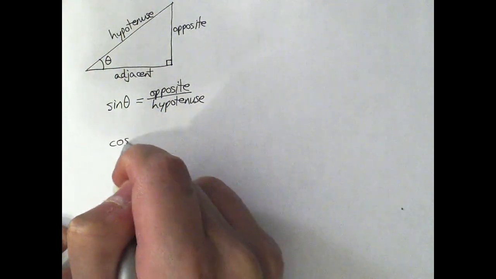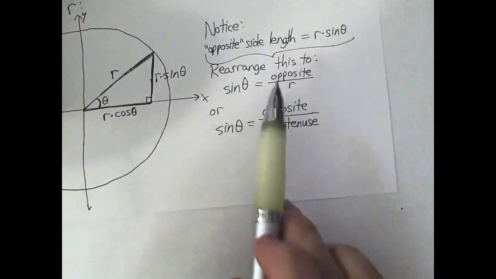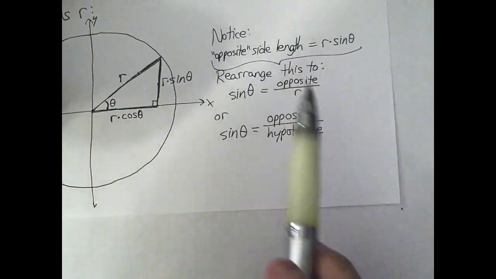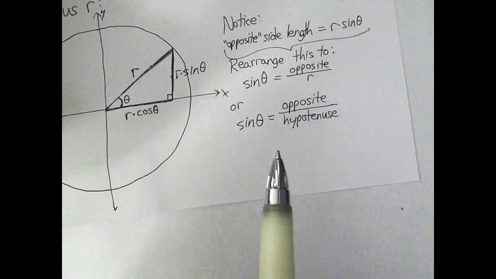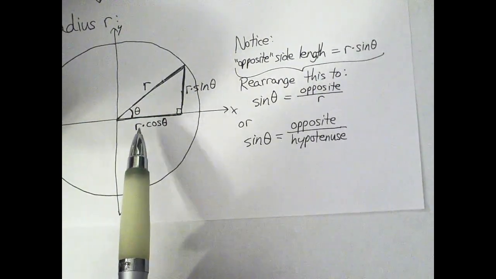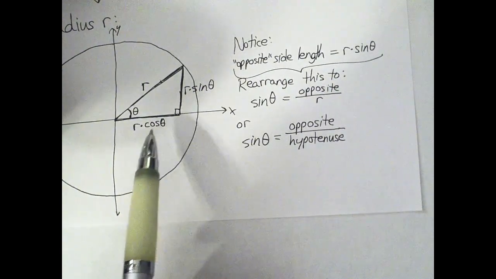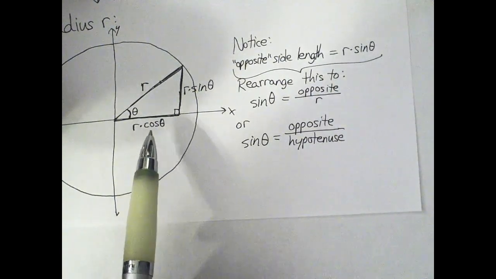Cosine, by a similar argument, you could start with this kind of argument like we did. And I guess with cosine, you would look at the adjacent side and you would say the adjacent equals r times cosine theta, and then you would divide both sides by r.